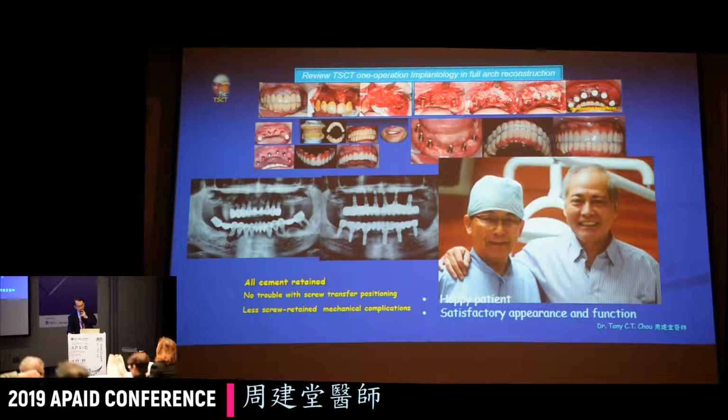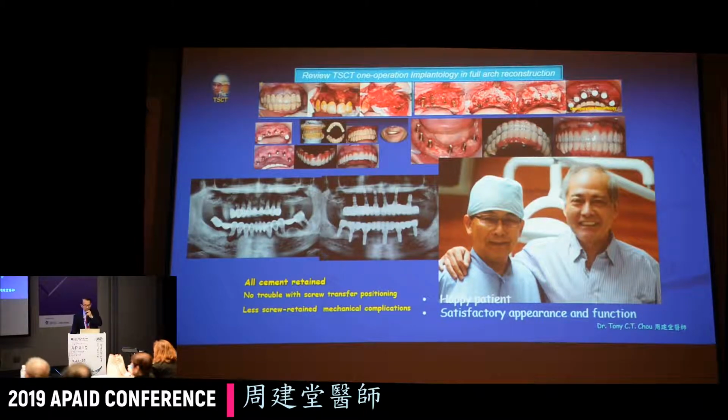I briefly conclude that in all the cases I prefer to use the cement retained process, because there is no trouble with the screw transfer position during fabrication. Do you know the most trouble when we do screw retained is that we have to transfer the screw from the model to inside the mouth, and then you lose the positioning, and it makes trouble.